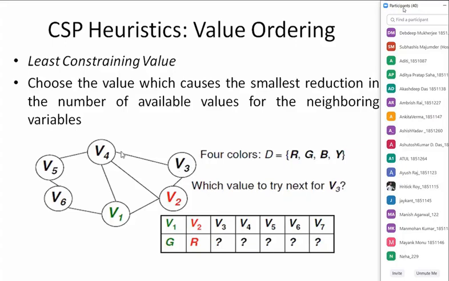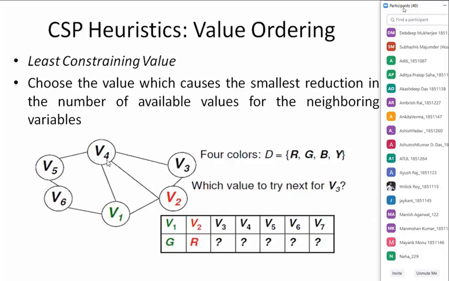then there will be a restriction on V4 that V4 cannot have green, cannot have red, cannot have blue. The only choice left for V4 will be yellow. The same thing will happen if I color V3 with yellow.